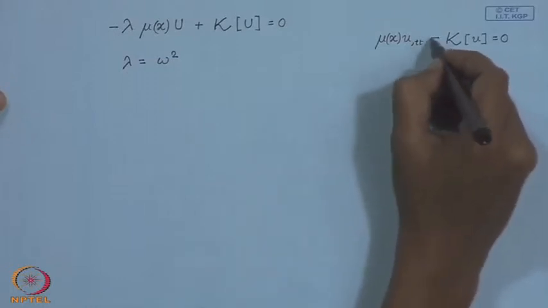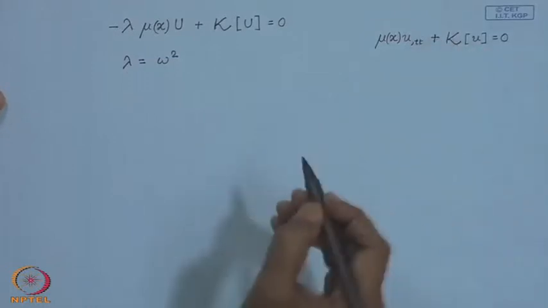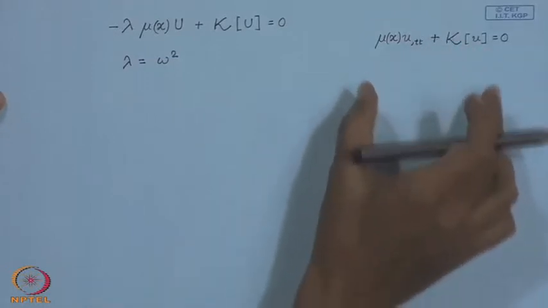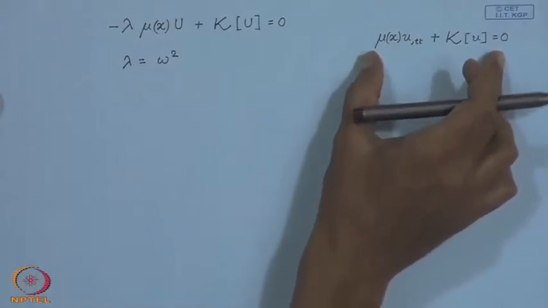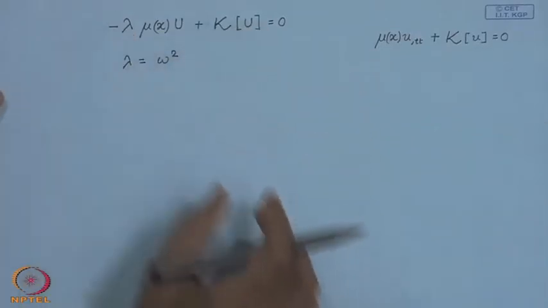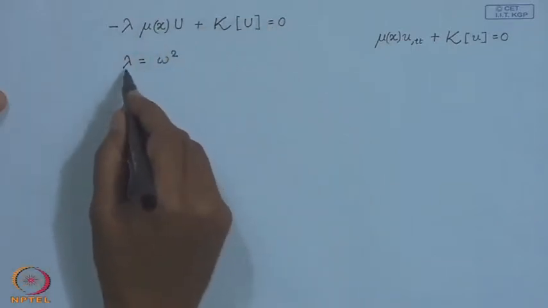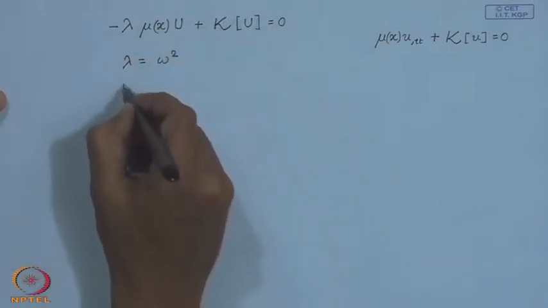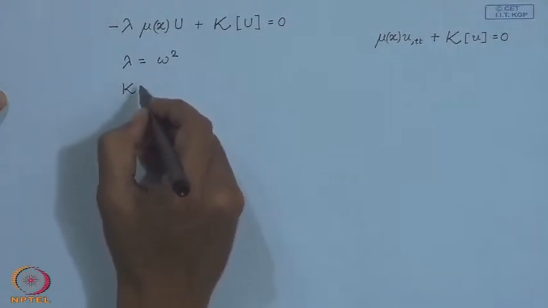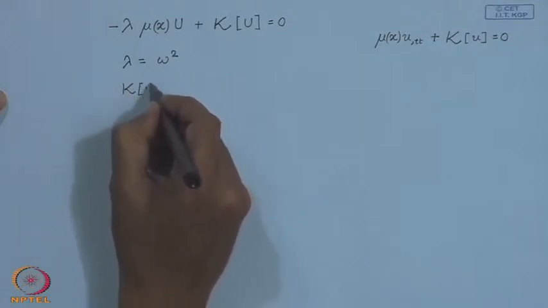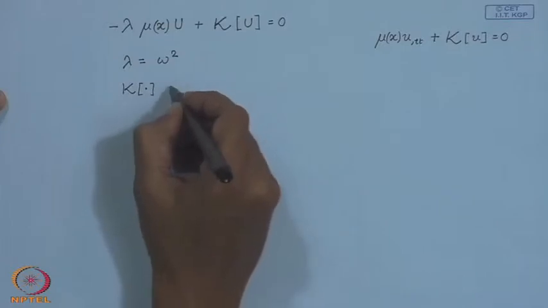So, this is the differential equation, and the corresponding differential equation for the eigenvalue problem is given in this form, where lambda is omega square and this K is a differential operator.